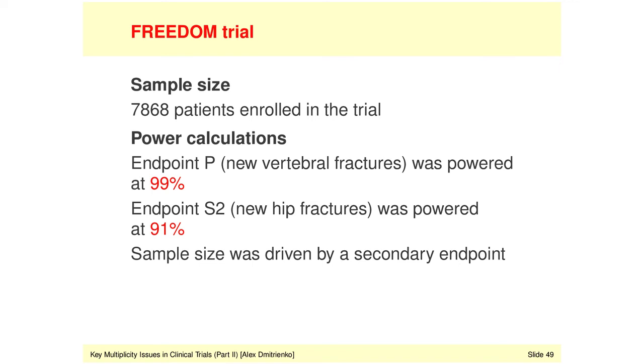The fact that key secondary endpoints may play a central role in power calculations has led to a number of discussions about the nature, if you will, of endpoint labels. Specifically, is there truly a difference between the primary endpoint and the key secondary endpoint in a trial if the sample size calculation is driven by this key secondary endpoint? Is it true that the line between primary and key secondary endpoints has become blurry?